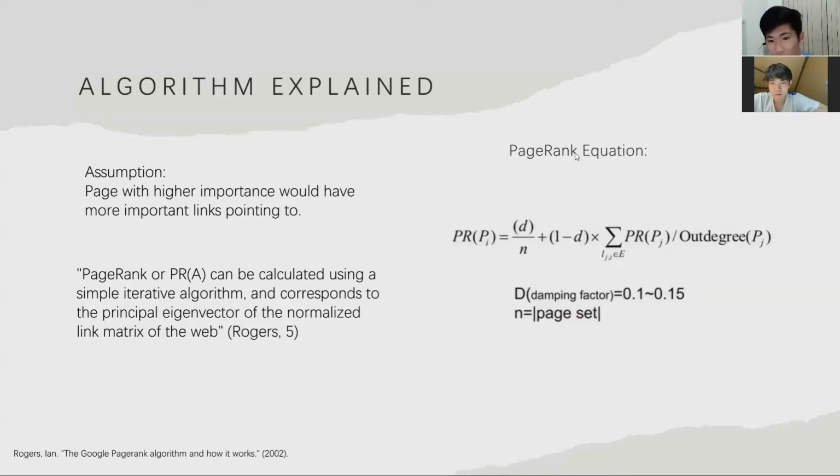In this central PageRank equation, we can calculate the PageRank of a particular node or web page by summing up the PageRank of all of its in-nodes or parent nodes, and dividing by the number of parent nodes that it has, or the out degree of the particular node. And from there, we will multiply this by 1 minus the damping factor.